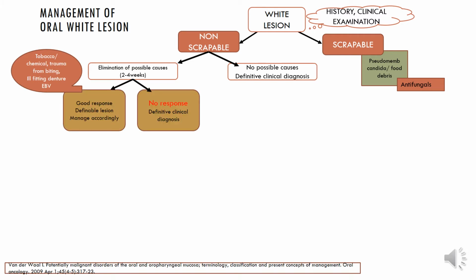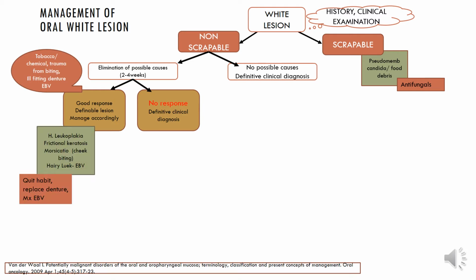So when you eliminate these causes, there could be either a good response and you know that you're looking at a definite lesion which could be managed, or you could have no response at all and then you're looking for a definitive clinical diagnosis. When you're looking at a good response and the lesion heals, it could be tobacco which the patient quits completely and you have a homogeneous leukoplakia healing completely.